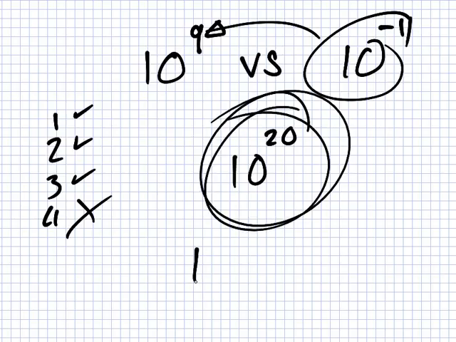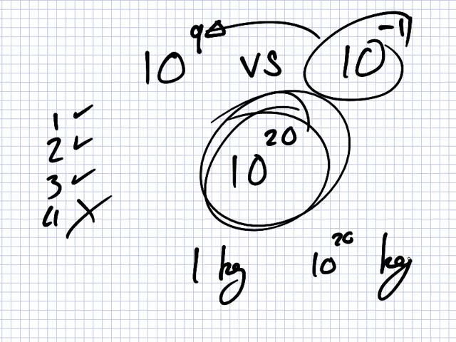The difference between 1 kilogram and 10 to the 20 kilograms, what did we say the mass of the Earth was? Was it even 10 to the 20? Or was it 10 to the 24, yeah. So the difference between 1 and 10 to the 20 is like the difference between a car and an Earth. A car is about 1,000 kilograms.